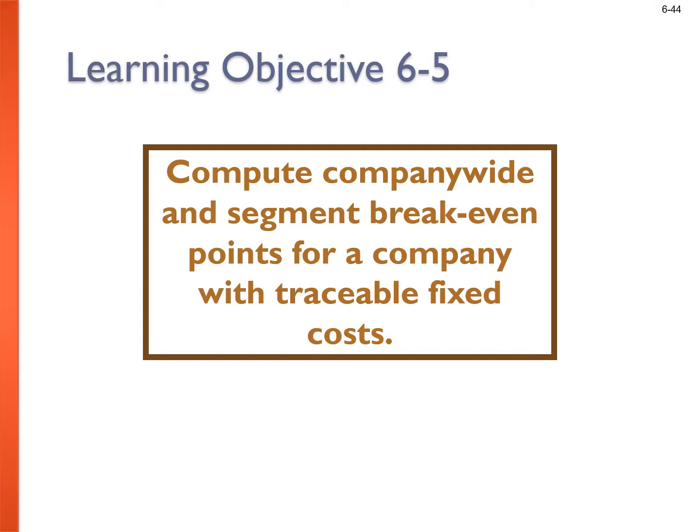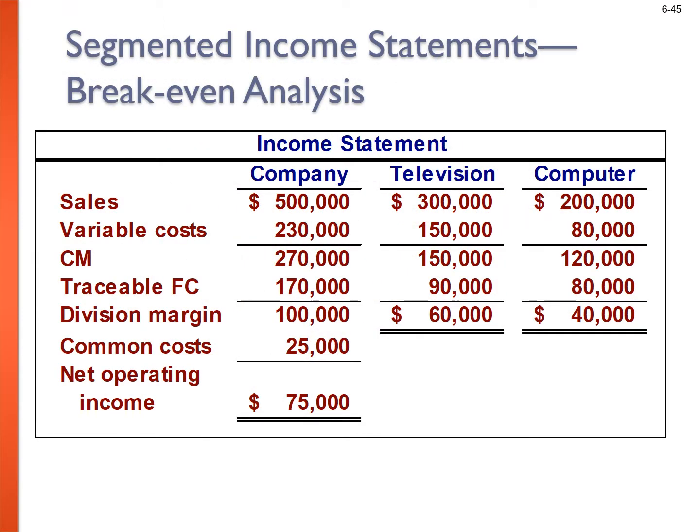How would we compute a company-wide and segment break-even point for a company with traceable fixed costs? So we're coming back to our television and computer divisions. Our information is presented with the traceable fixed costs, division margin, and the common fixed costs of 25,000 to get to our net operating income. So this is the information we'll use.